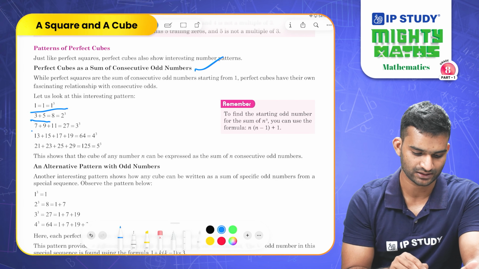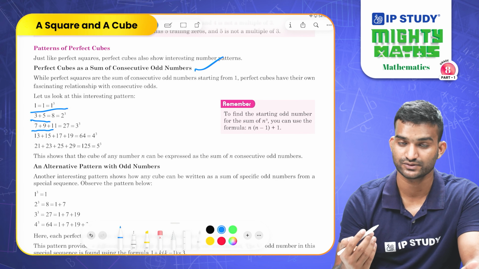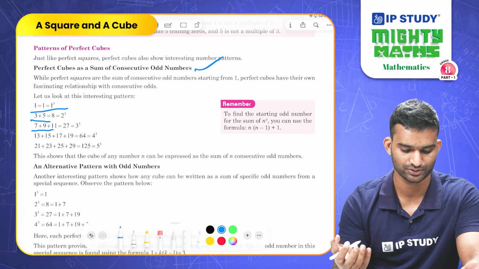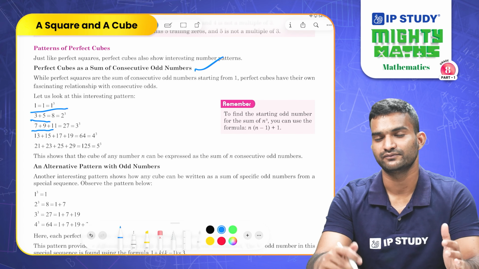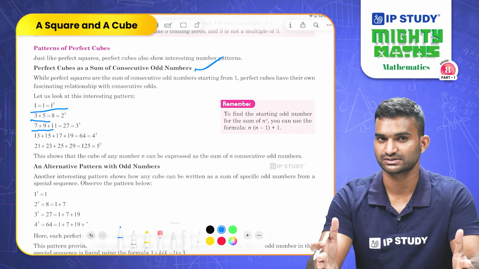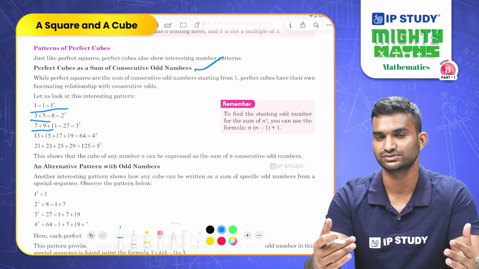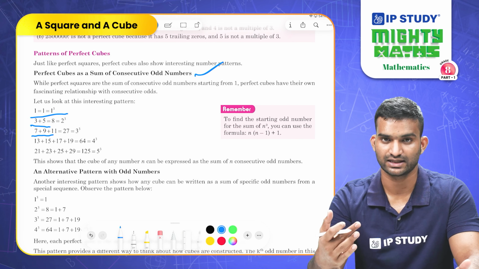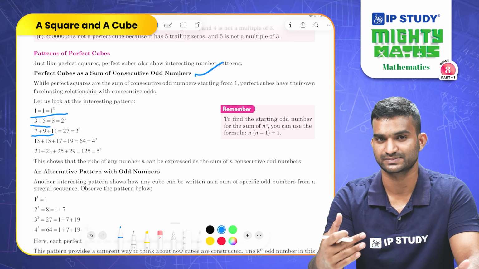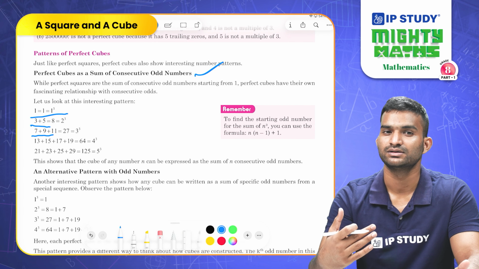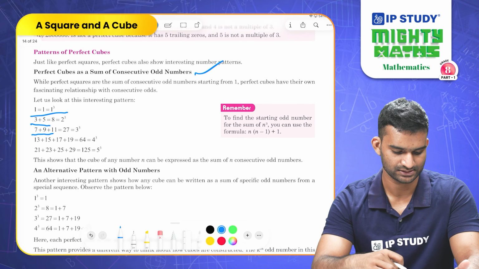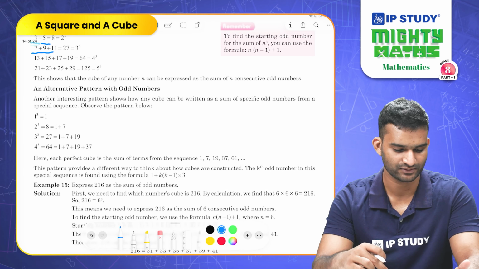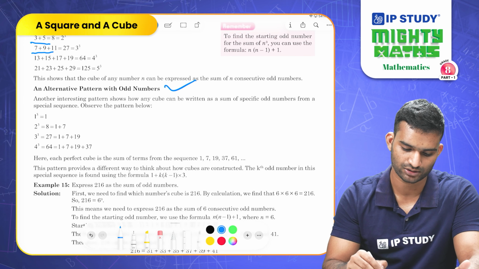Then we have 7 plus 9 plus 11, which is 27. This is 3 cube. So when we take consecutive odd numbers and add them, we get a cube number. In general, any cubic number can be expressed as the sum of consecutive odd numbers.